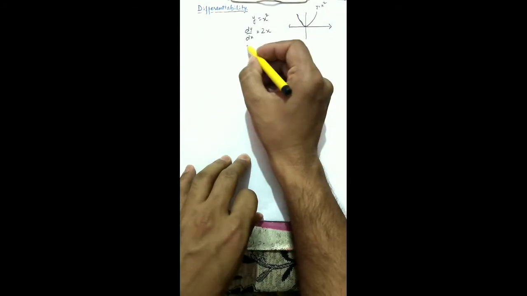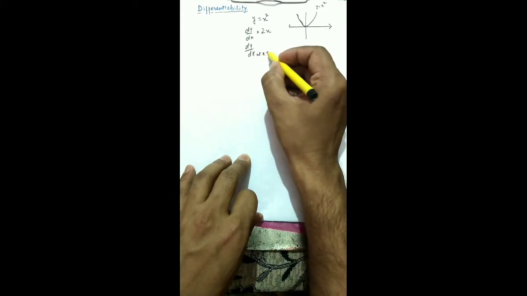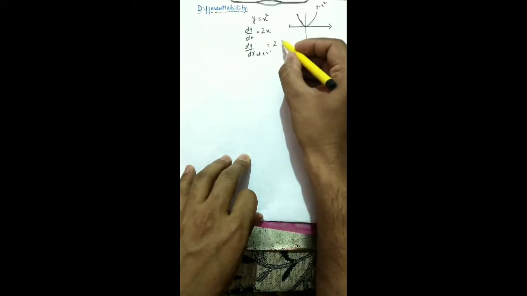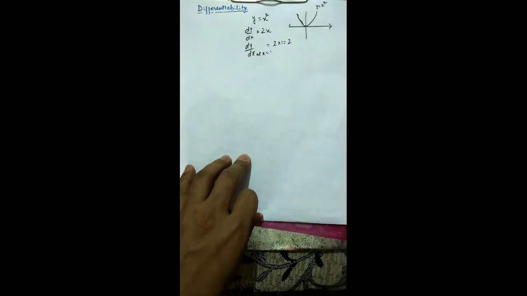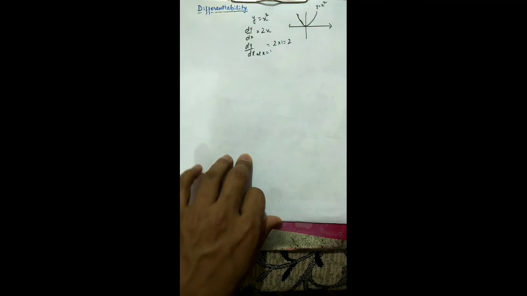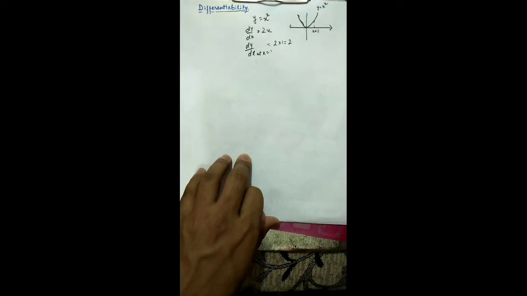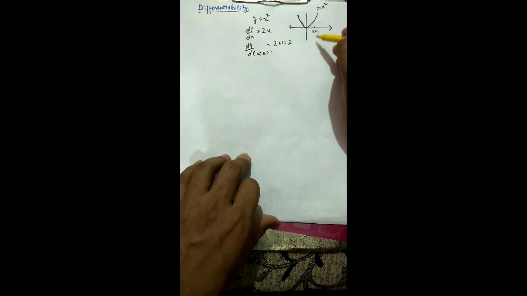Now if in dy by dx I take x equal to 1, then this will be 2 into 1 equal to 2. So what does it mean? What is that 2 showing us? It means that if I take, let's say, this is x equal to 1, and this is the point of intersection of x equal to 1 and the graph.